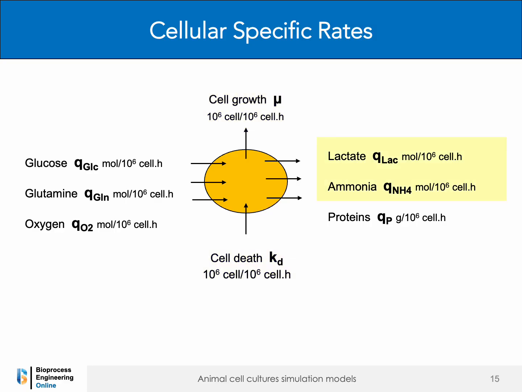We then define the specific metabolite production rates, expressed in moles produced per million cells per hour. Examples include QLAC for lactate and QNH4 for ammonia. Finally, the specific protein production rate, QP, represents the amount of recombinant protein produced per million cells per hour.